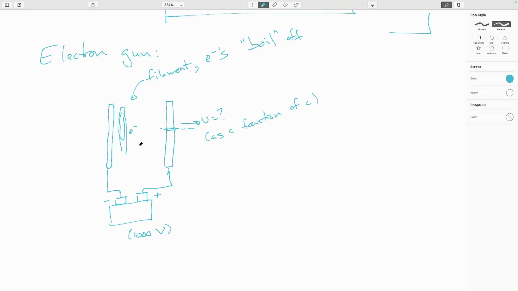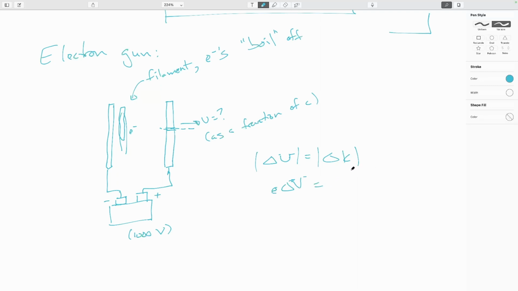Well, anyway, we can go ahead and conserve energy on this. So the change in the potential energy will be equal, within plus and minus signs, to the change in the kinetic energy. So this is going to be my charge, e, delta V. And I dropped the minus sign from the electron just because I'm working with an absolute value here.